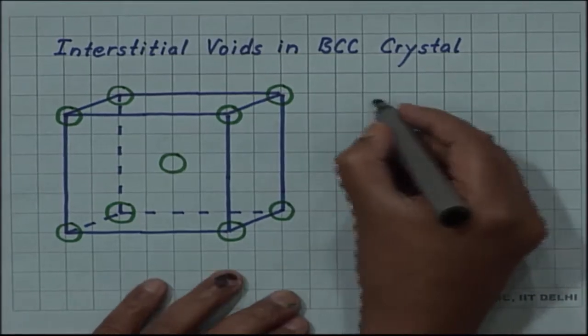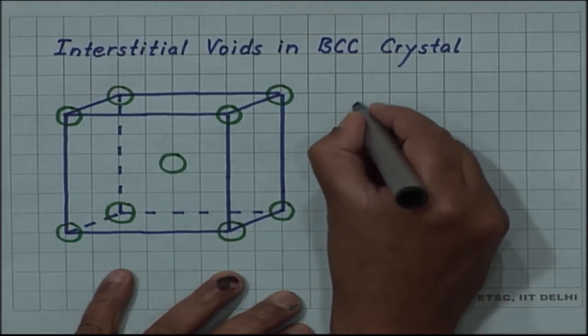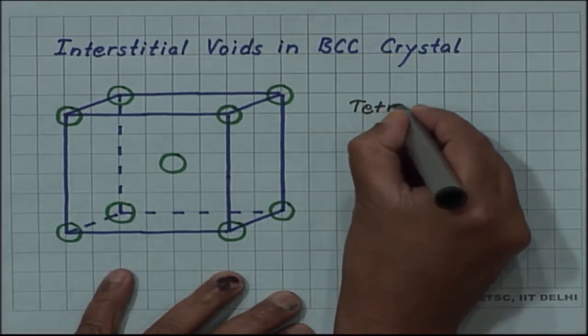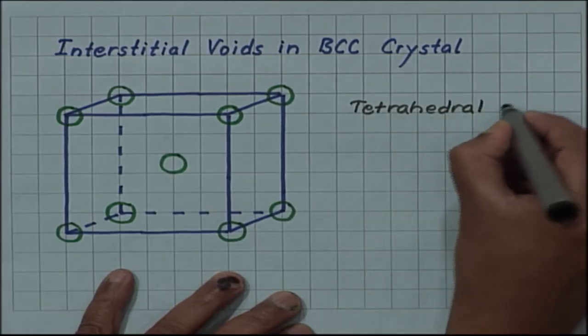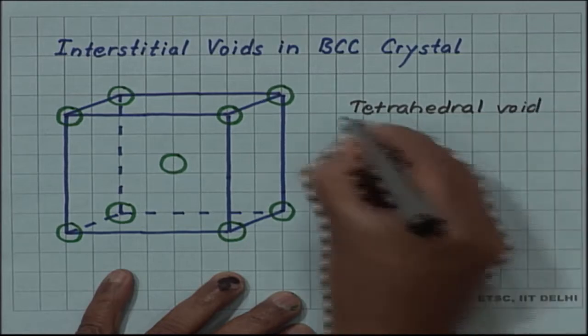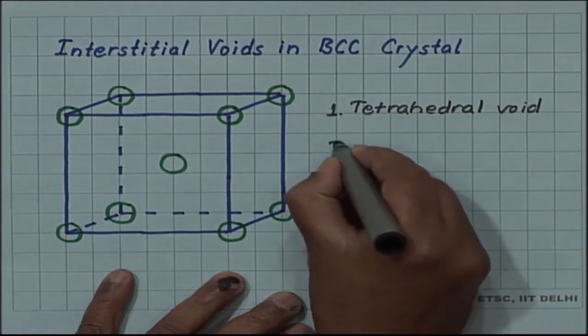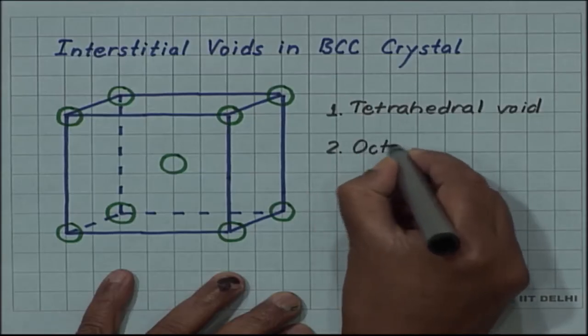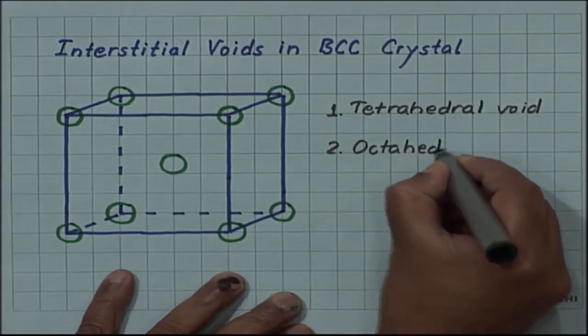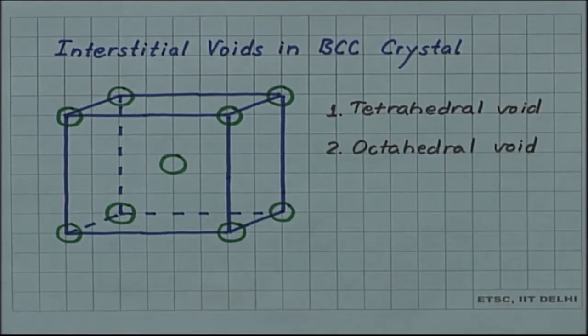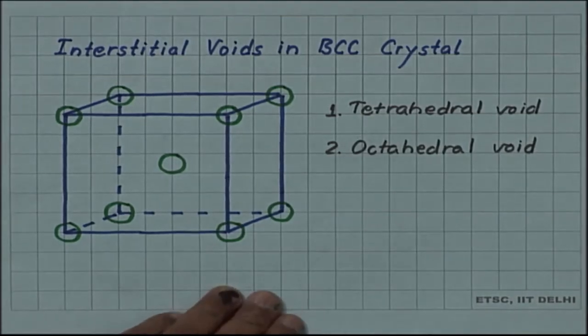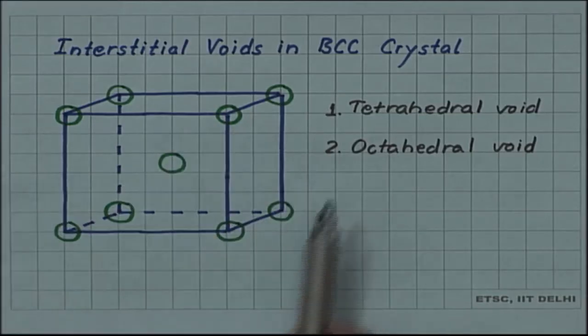Similarly, here also we have tetrahedral void and octahedral void, although there will be some differences which we will see as we go along. So, the question is, where are the tetrahedral void and octahedral void located in this structure?